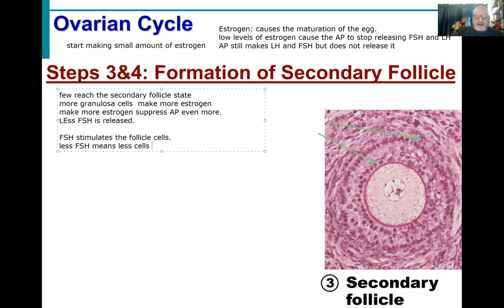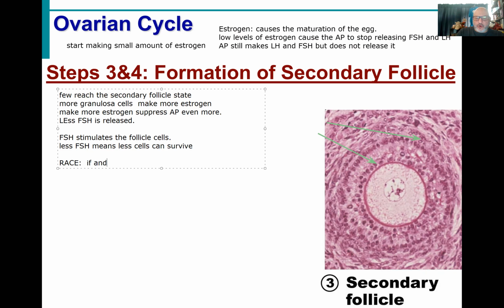Fewer cells can survive. There is less follicle stimulating hormone for the follicles. Remember, as we mentioned, at this secondary follicle stage, we have this race.